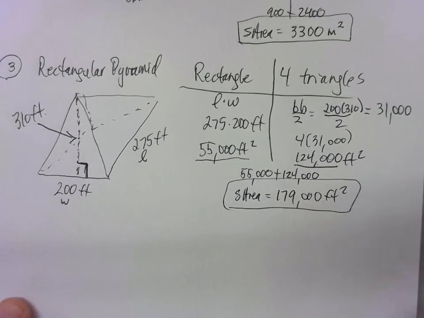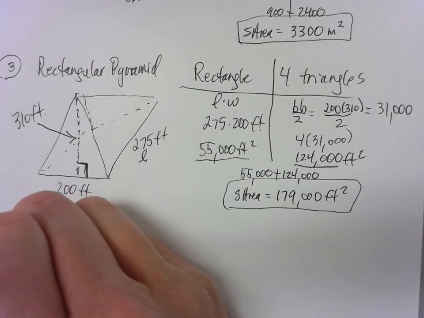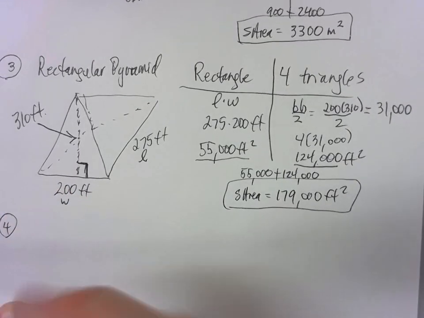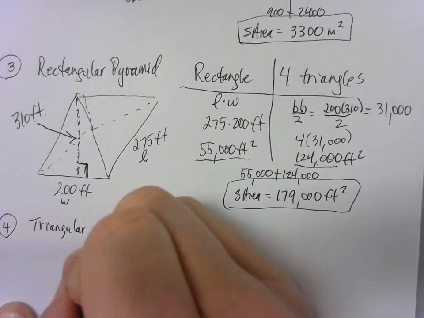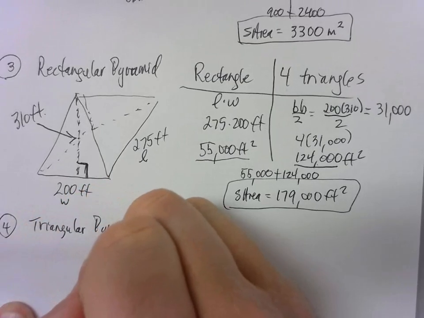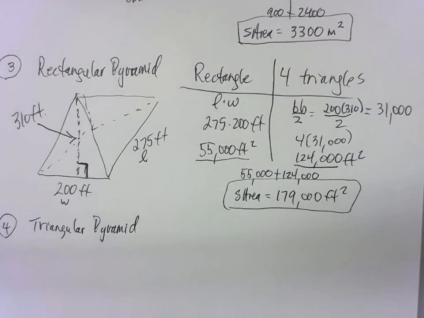Now, real fast, to finish up, we got the 4th and final example today. That'll be the triangular pyramid. I think you got one of these on your work you're going to be doing. Okay, now this is not as easy to draw as you might think, so let me make sure I look at one.